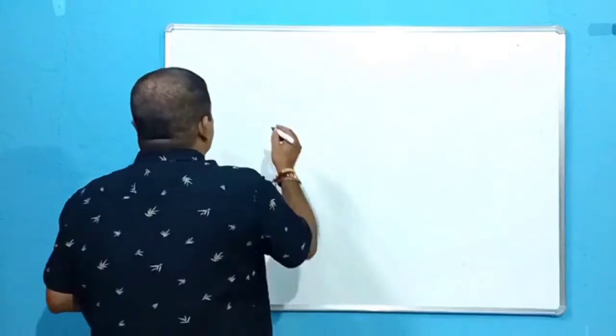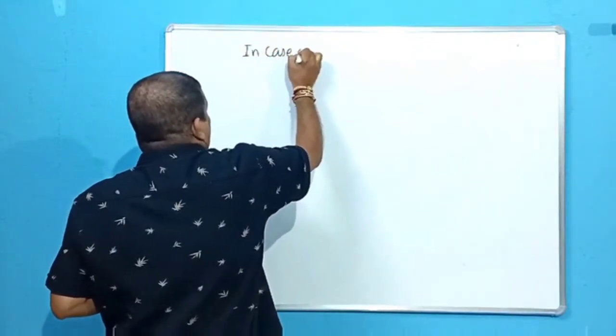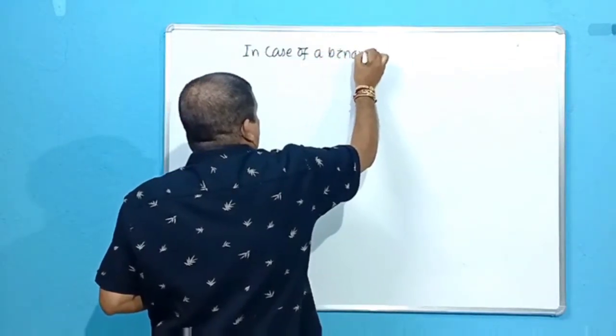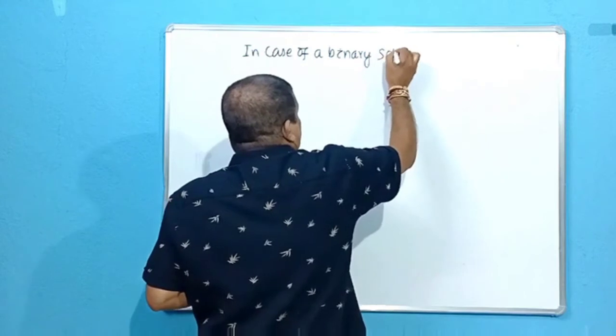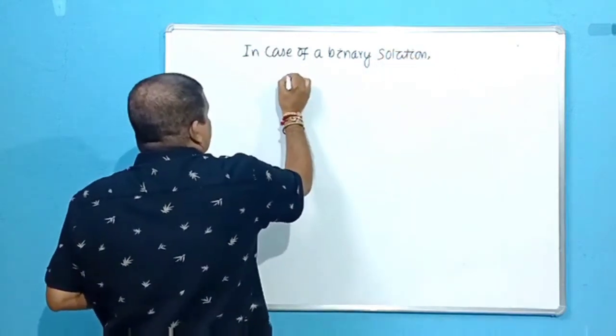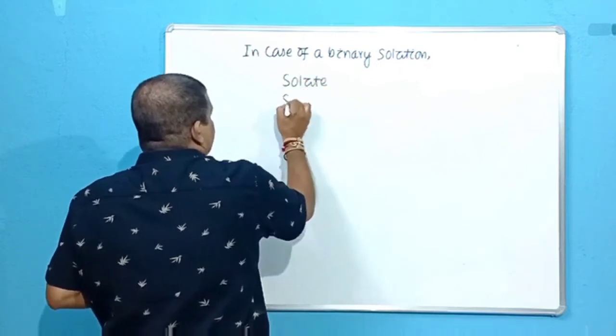Okay. So as I told you, a binary solution contains two components. What are the two components? Now solute and solvent.